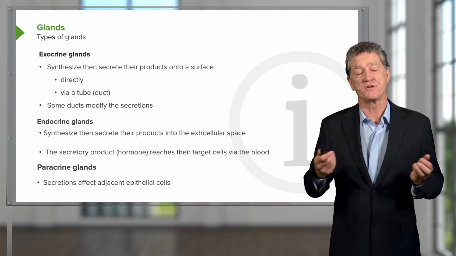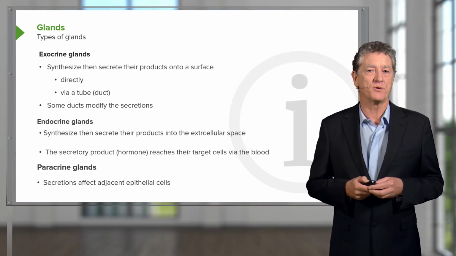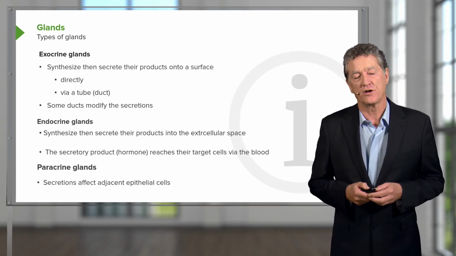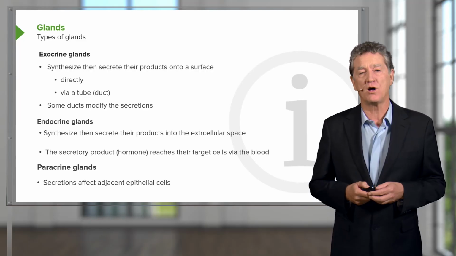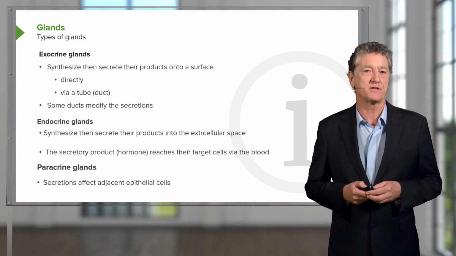And so there is nowhere for these glands to secrete their products. So therefore, they secrete them into extracellular space, and then those secretory products move into the bloodstream and are delivered to target organs, often a long way away from where these glands actually synthesized the material.